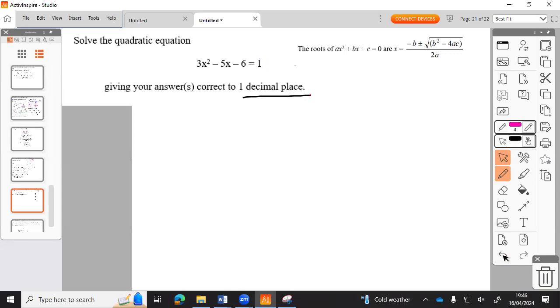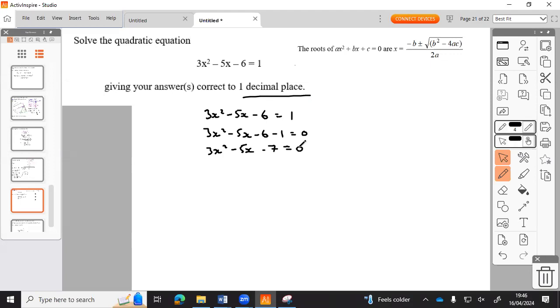So we need to rearrange it first. 3x squared minus 5x minus 6 equals 1. 3x squared minus 5x minus 6 minus 1 equals 0. And just tidy that up. You don't need to write each of those steps out, I'm just doing that for an example.